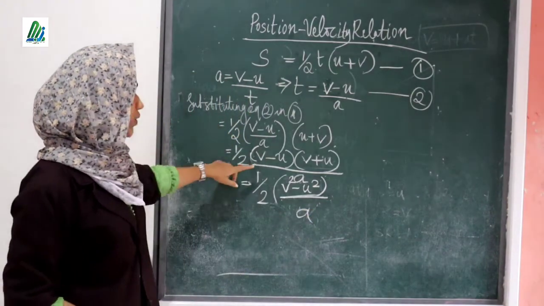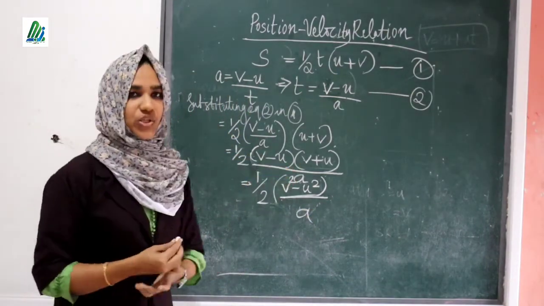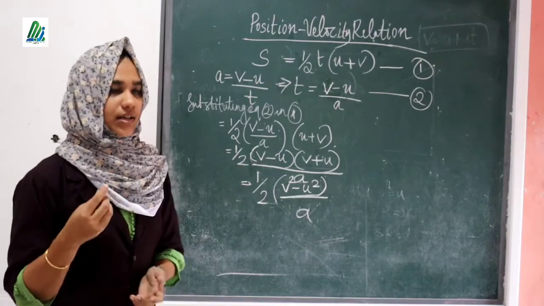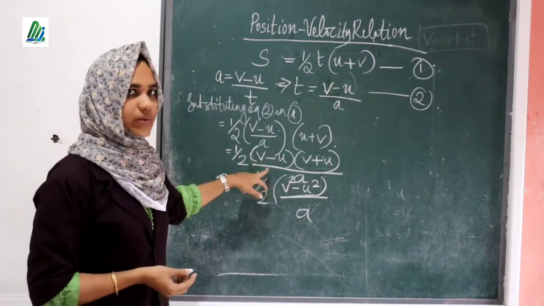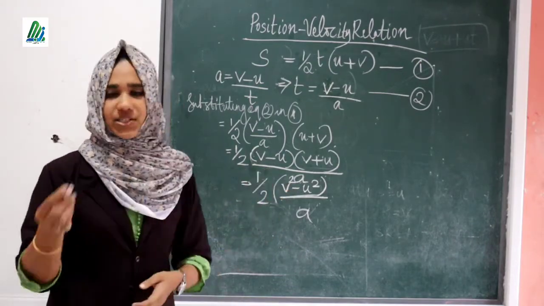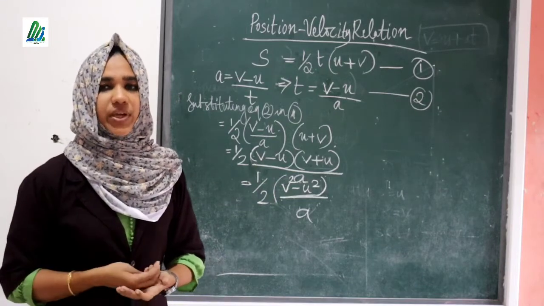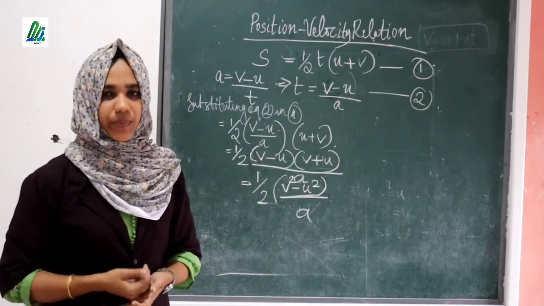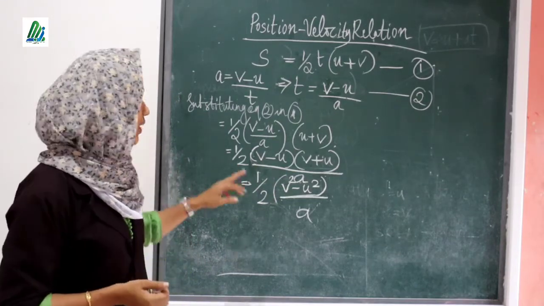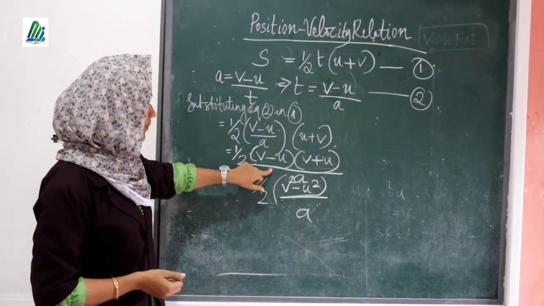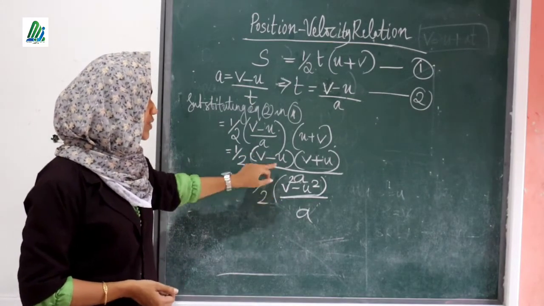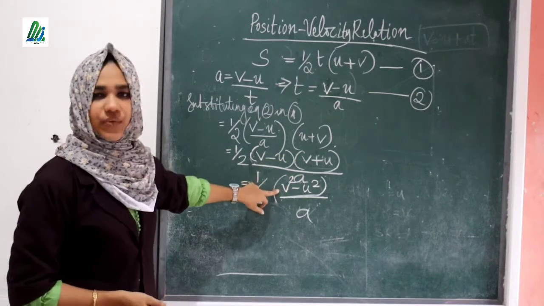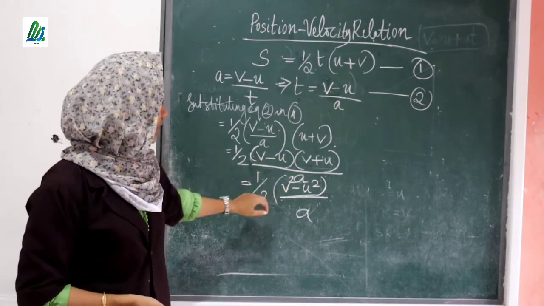In earlier classes you have studied that a minus b into a plus b is equal to a square minus b square, so v minus u into v plus u is v square minus u square.